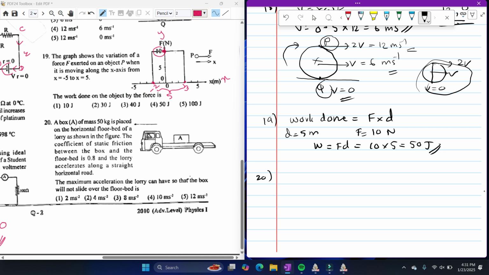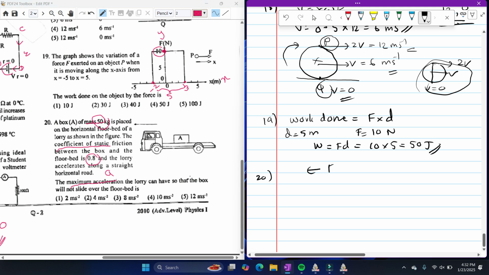The coefficient of static friction between the box and the flat bed is 0.8, and the lorry accelerates along a straight horizontal road. The mass and coefficient of static friction are given, and they are asking us to find the maximum acceleration so that the box will not slide over the flat bed. Maximum acceleration of the lorry to avoid slipping is a. The box also accelerates with the same acceleration a. At that moment, the limiting frictional force exerted on the object can be found.